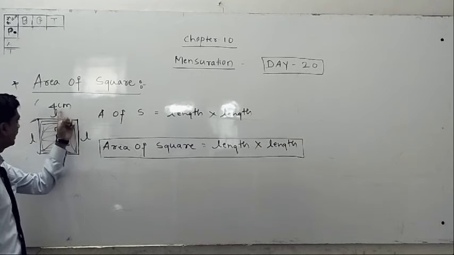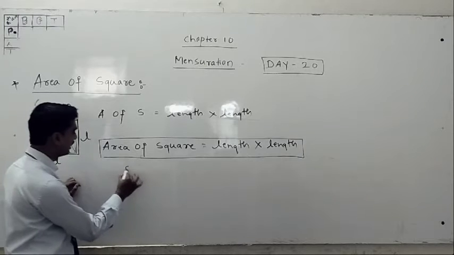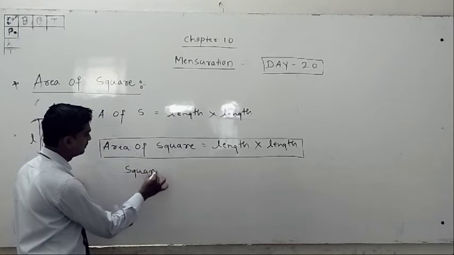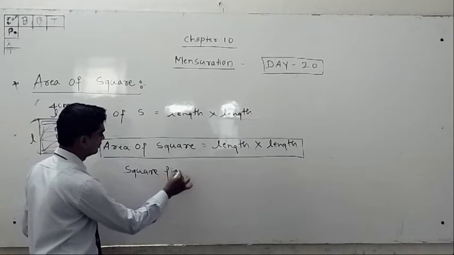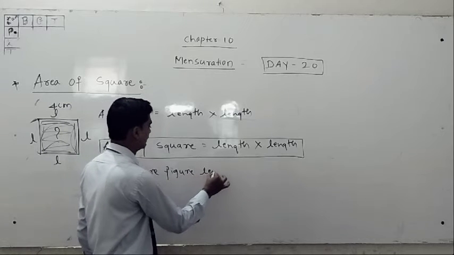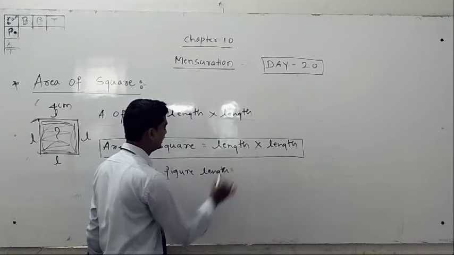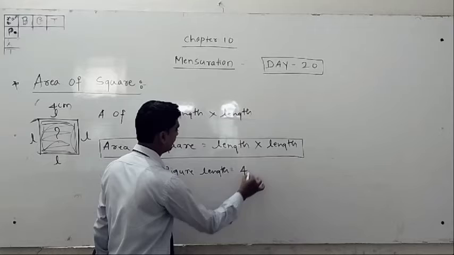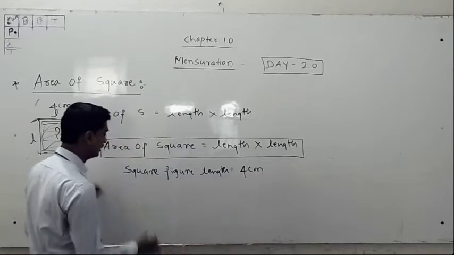First of all, you should write square figure length. Square figure length is equal to 4 centimeter. Understand?